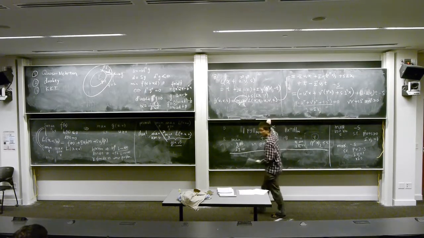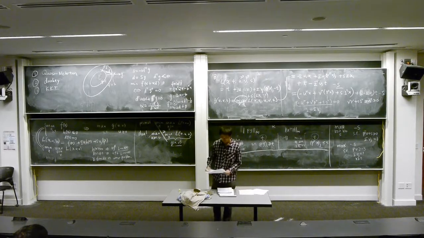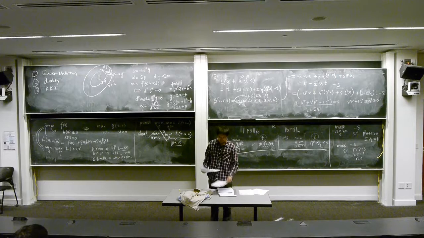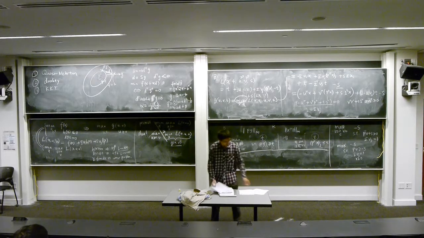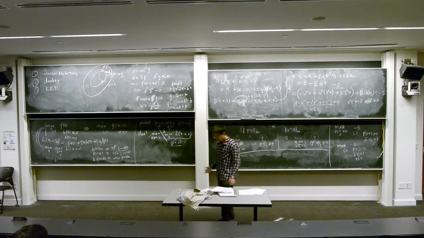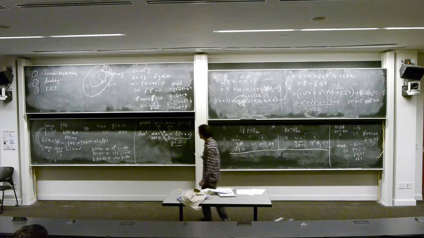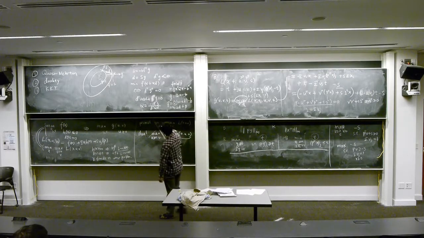So I guess I spent too much time on this, and maybe finally I have this KKT condition, which, I don't have my notes, but basically comes from swapping the signs.